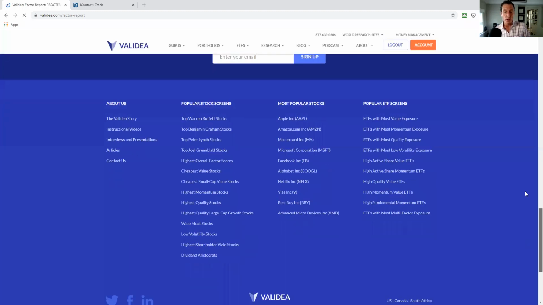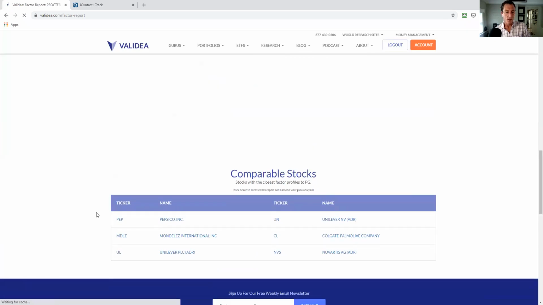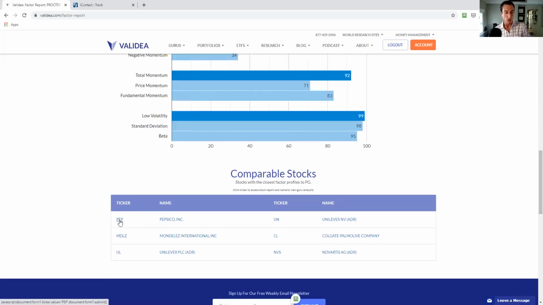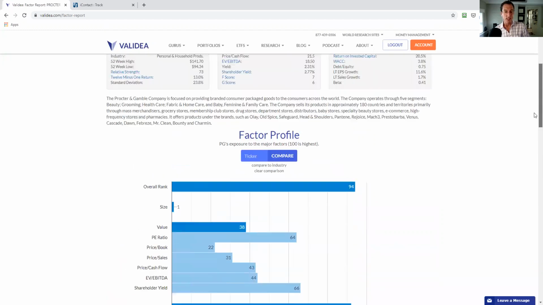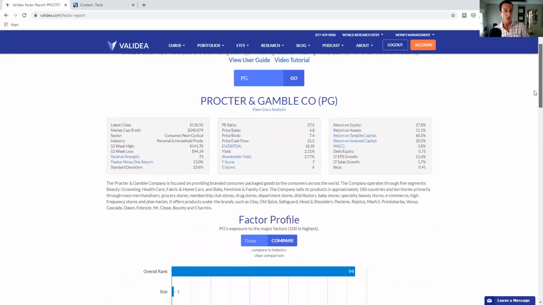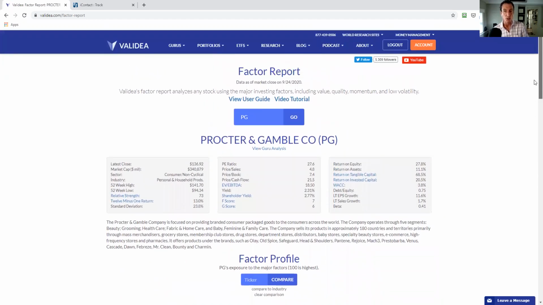What I found interesting is that the comparable stocks are what you would expect: Pepsi, Mondelez, Unilever, Colgate. These are consumer staple companies. At least from a factor profile, these things all look similar. When we see that, we know our system is working correctly, that similar type stocks are the comparable stocks based on the factors.